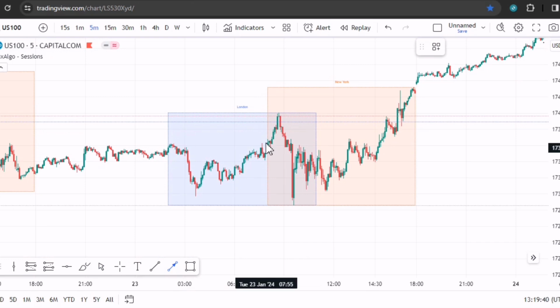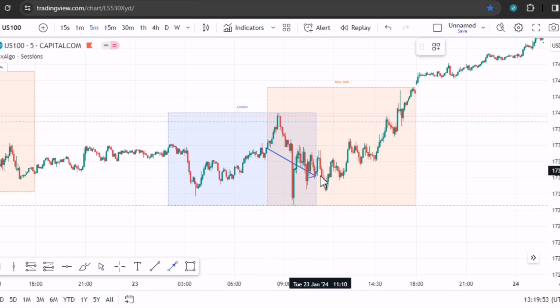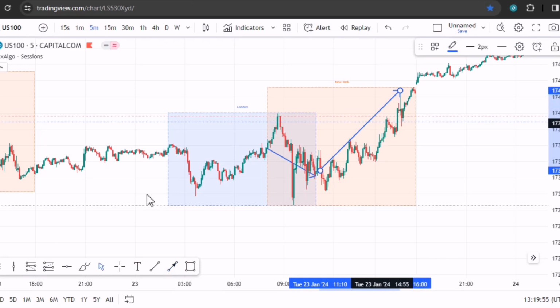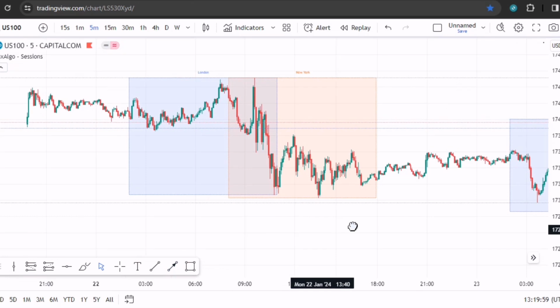You mark the first candle of New York and you point at the last candle of London. This arrow is downward, so this part is going to go opposite, which is upward. Okay, and then there you go. Okay, let's take several of them.